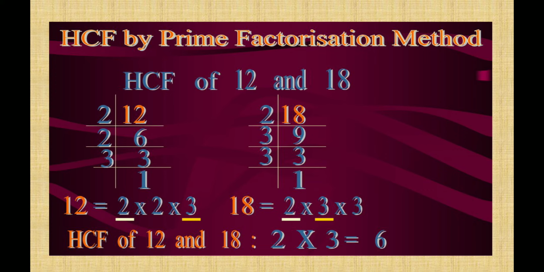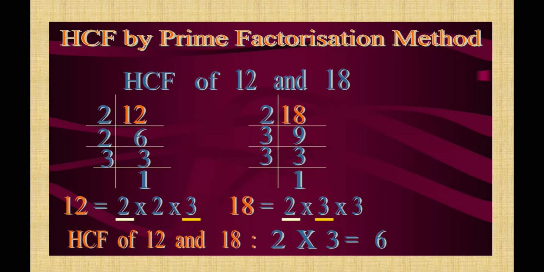Now we will find the common numbers. See, 2 is common in both 12 and 18, so we will take one 2 as common. Then in 12 there is one more 2, but in 18 there is no other 2, so we will not consider it.